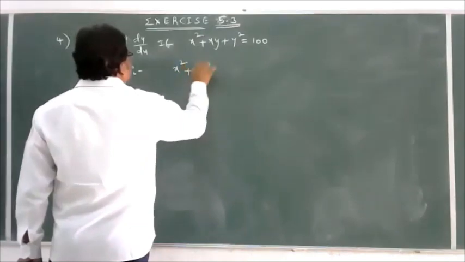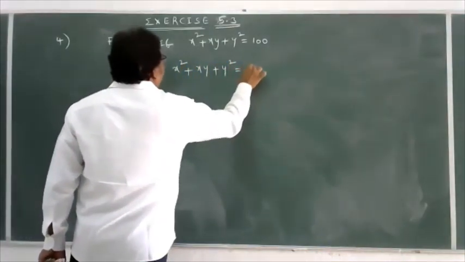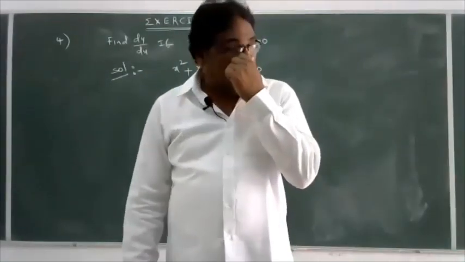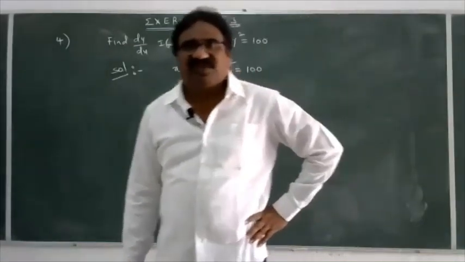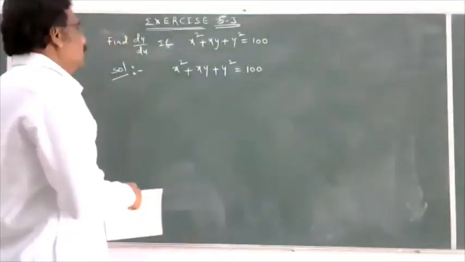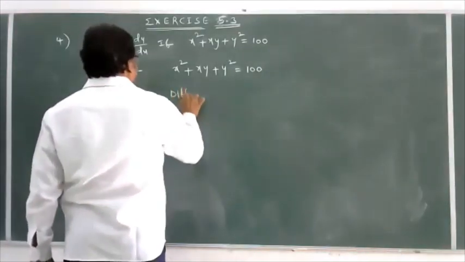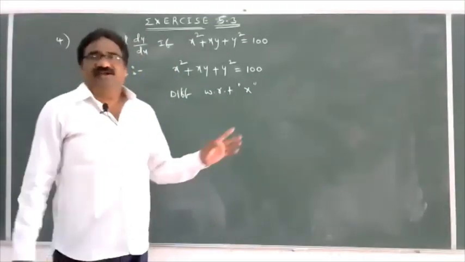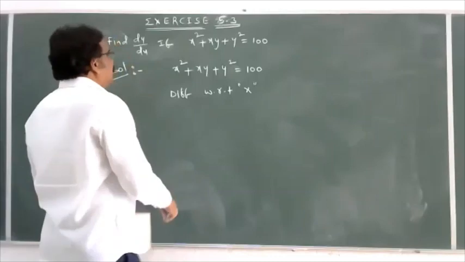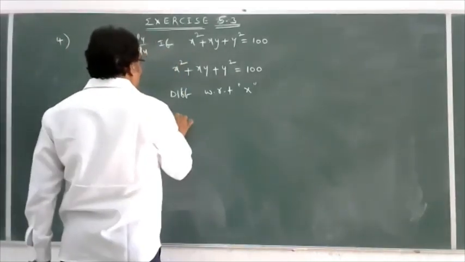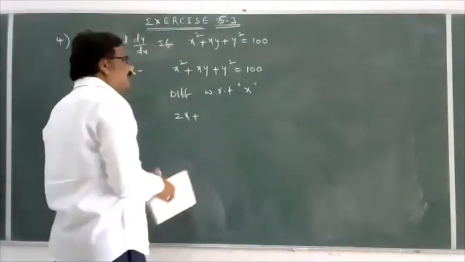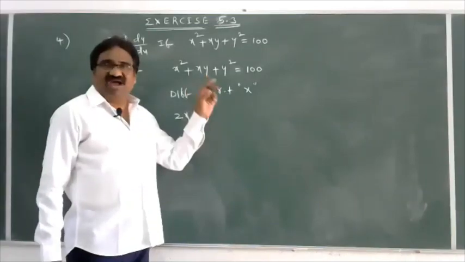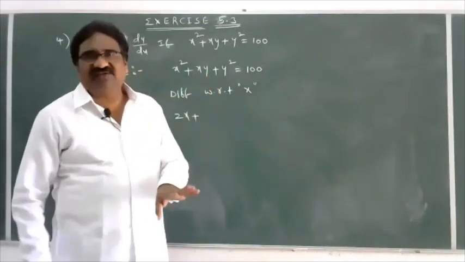So solution. Given x square plus xy plus y square is equal to 100. Differentiating both sides with respect to x. What is x square derivative? 2x plus, here xy is a product of two functions, so using the product rule, x is the first function, y is the second function.